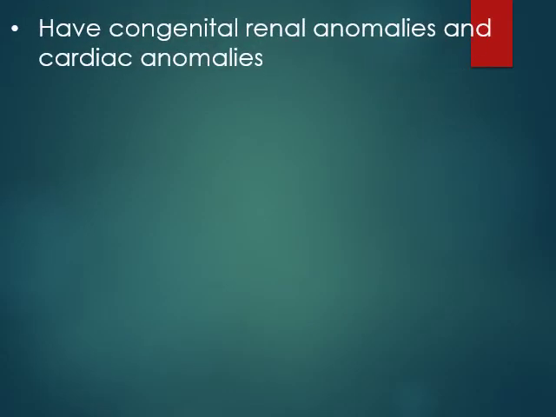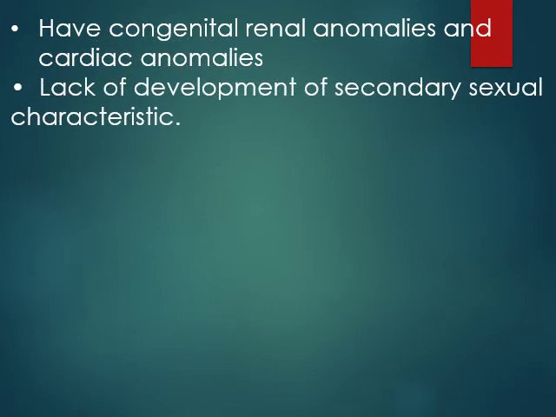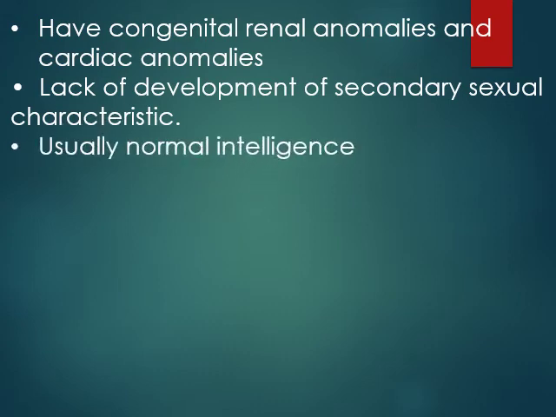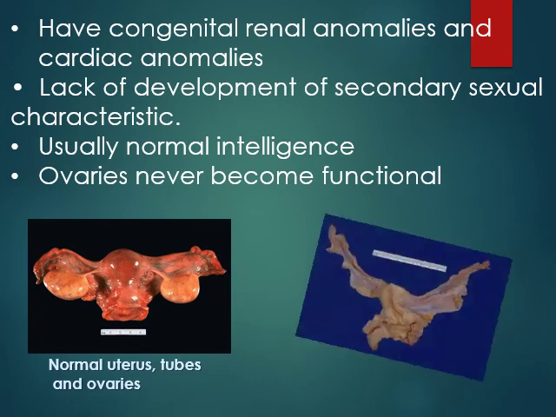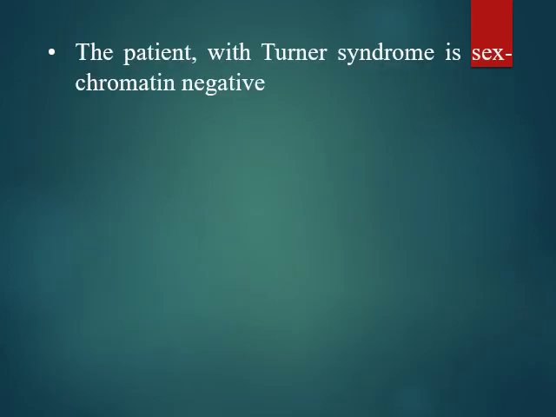They have congenital renal anomalies and cardiac anomalies, and lack development of the secondary sexual characteristics, usually with normal intelligence. Ovaries never become functional. The patient with Turner syndrome is chromatin negative.